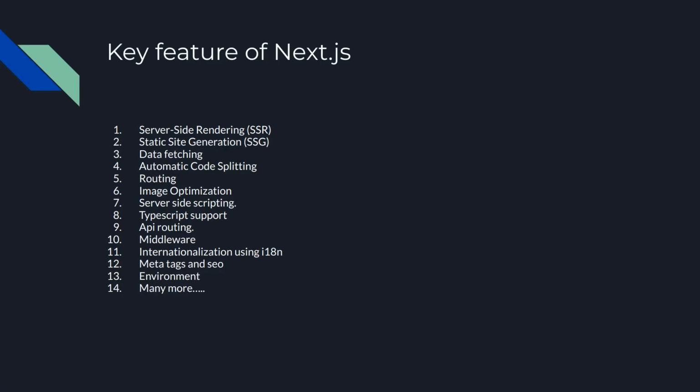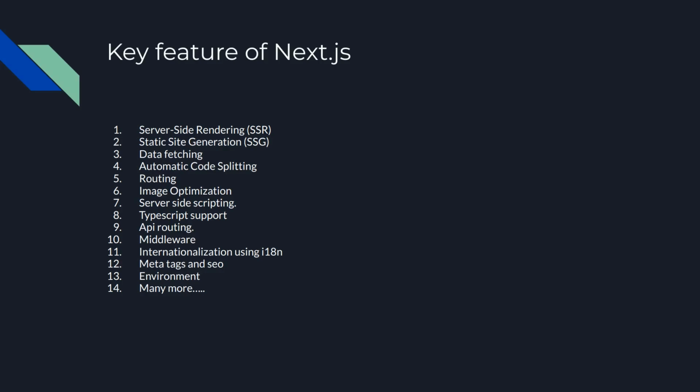Next.js has default data fetching tools. You can fetch data on the server side, and you can use it when rendering the component. It also has really good code splitting, like React.js. You can split the code into small components and merge those components to build a complex UI.